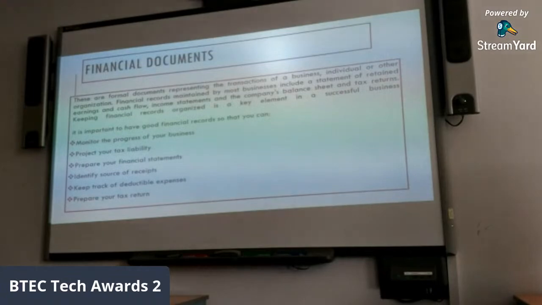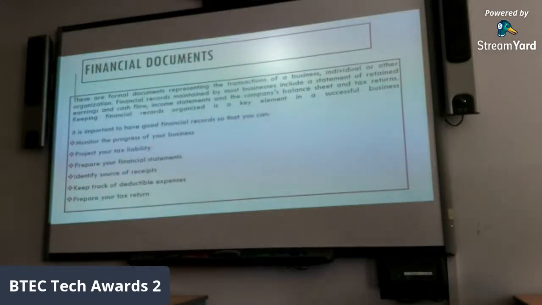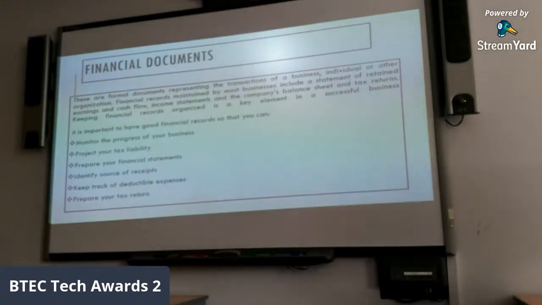We talk about tax and all those things. So maintained by most businesses include a statement, retained earnings, and cash flow. We spoke of cash flow though. We did our cash flow. Yeah. And that's a document, that's a financial document. Yeah. And we did the forecast as well, didn't we? That's a financial document. Yeah.